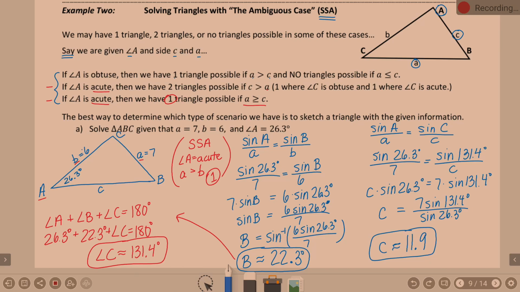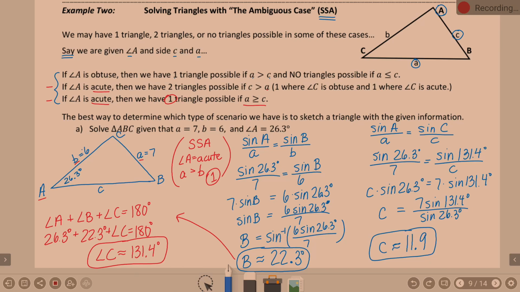Okay. So, of our ambiguous case, our side-side-angle, this was option 1. This is option 1 where we were given an acute angle, and the side opposite that angle was the bigger of the two given sides, so there was one triangle. Okay?